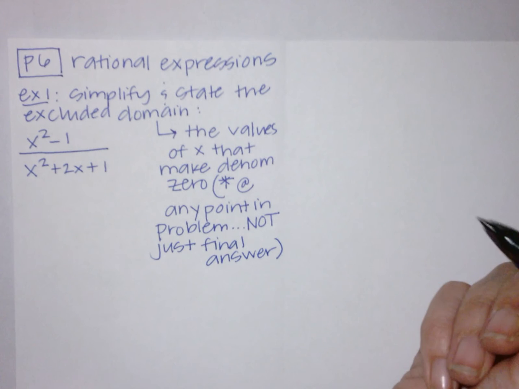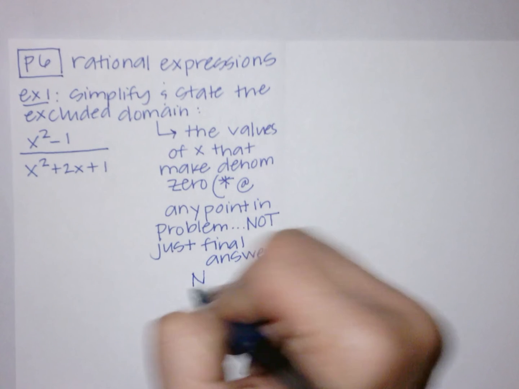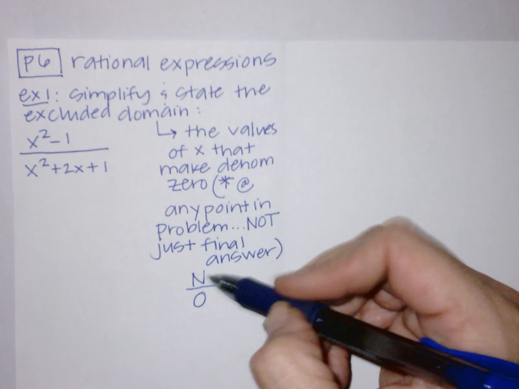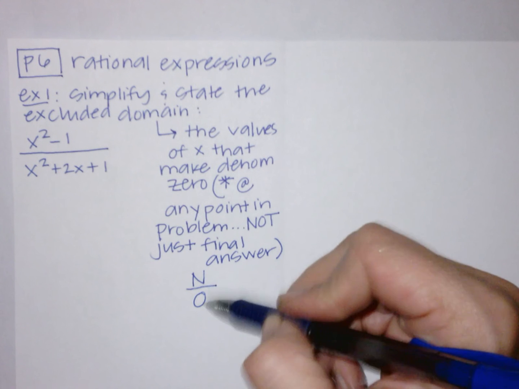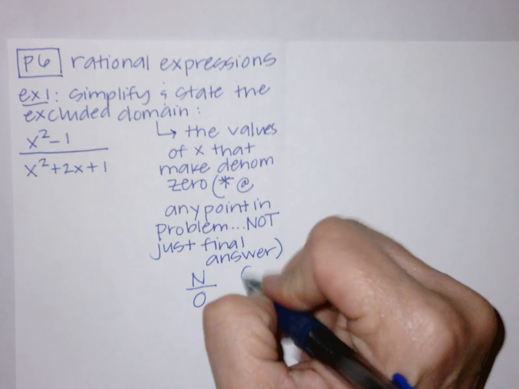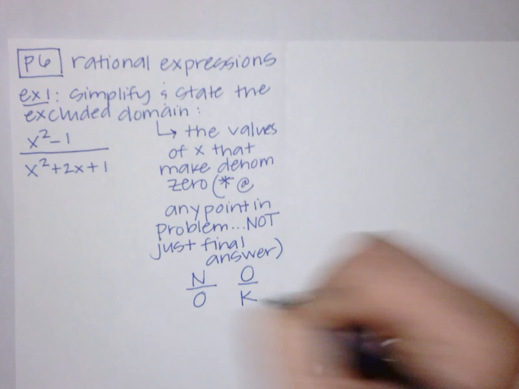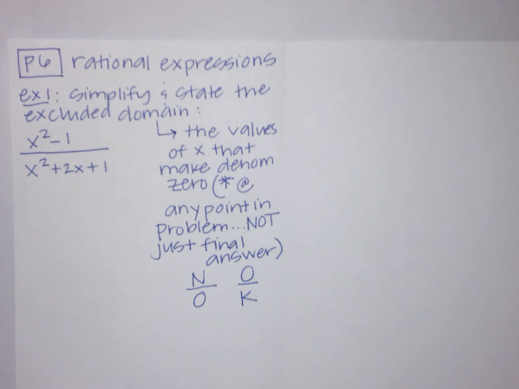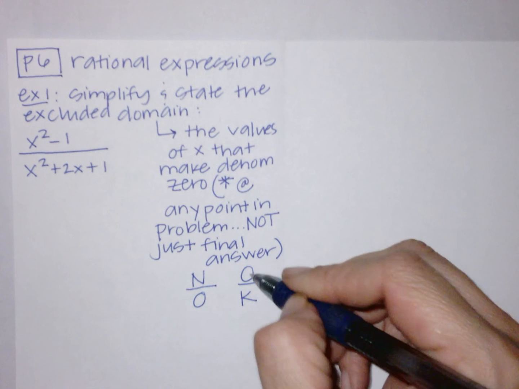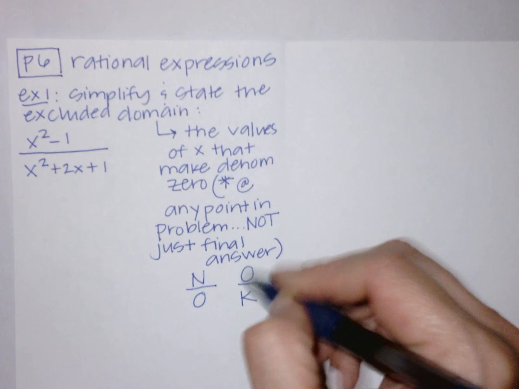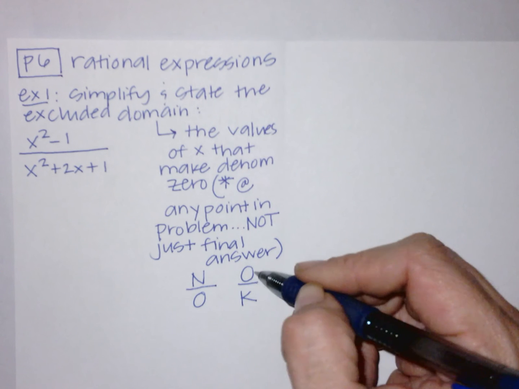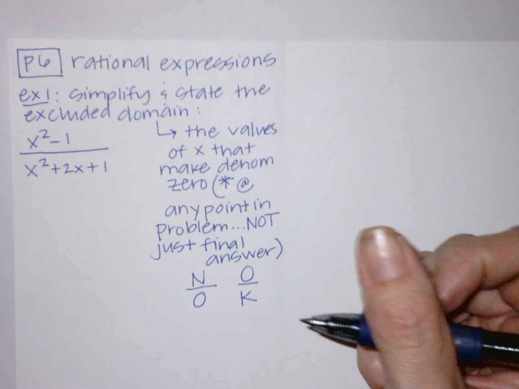And one time a student showed me this: numerator over denominator. You can't have 0 in the denominator, but it's okay to have 0 in the numerator. So this is not good and this is just fine. So you don't need to exclude values when it makes 0 in the numerator. It's only when it's in the denominator.